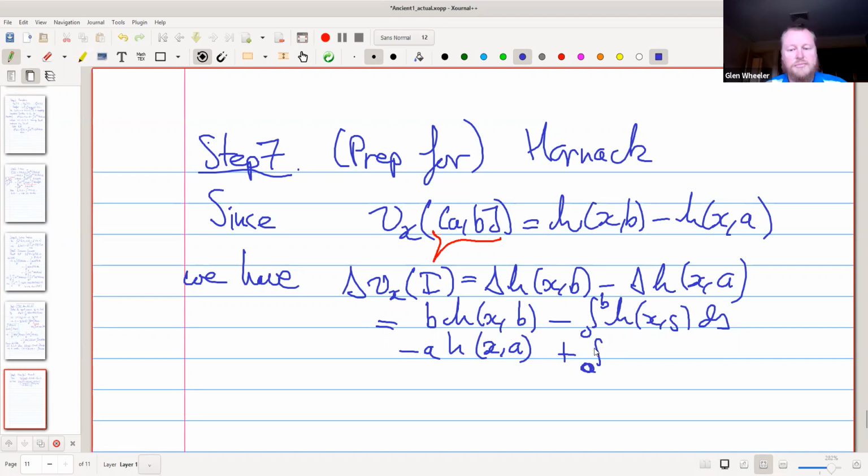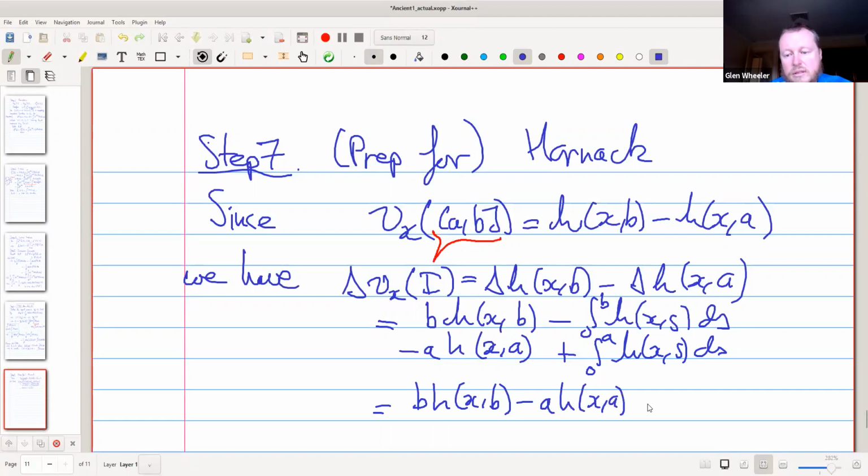That's a, 0, sorry. h x s ds. Okay, and of course you can combine these things together, which we do straight away. And they have a very nice structure, which we're going to exploit in just a hot second. Okay, so this is minus integral a to b h x s ds.